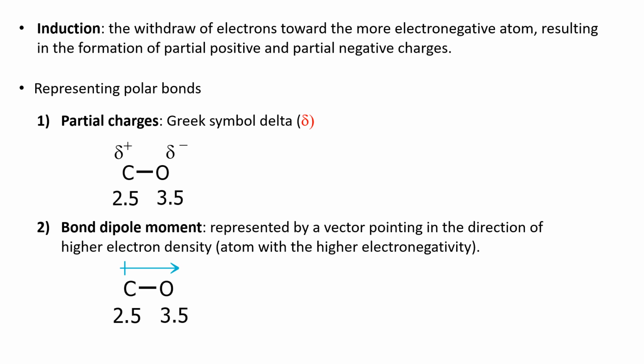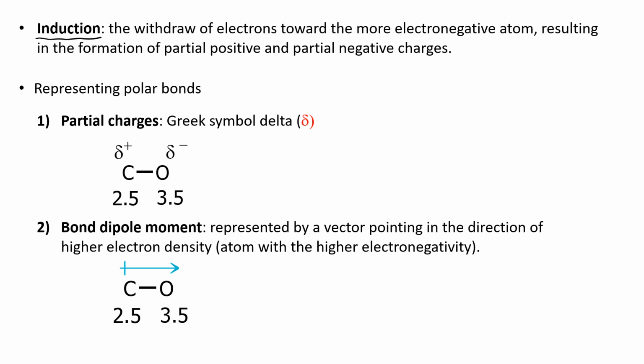Next, we're going to talk about how we represent polar covalent bonds and some of the terminology involved. So, by nature, a polar covalent bond has electrons being pulled towards the more electronegative atom. We have a special word for this pull on the electrons. It's called induction. And induction is simply the withdrawal of electrons toward the more electronegative atom.